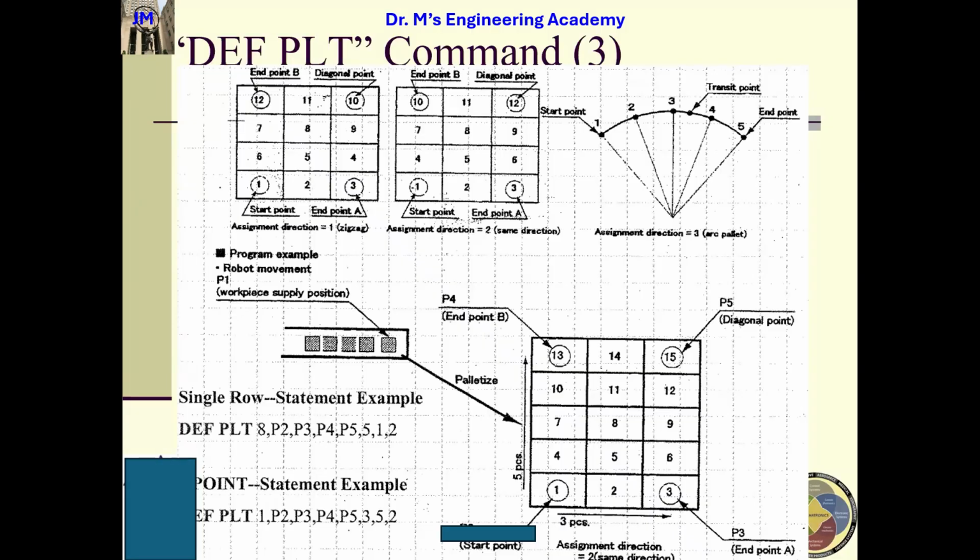The first point and third point are identical. The second point and fourth point are identical. Can somebody tell me why?